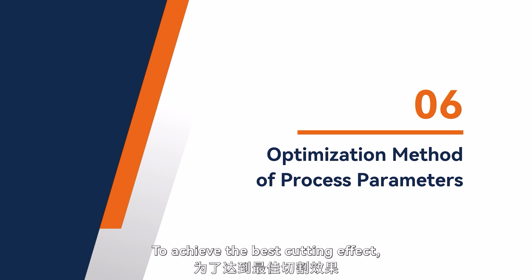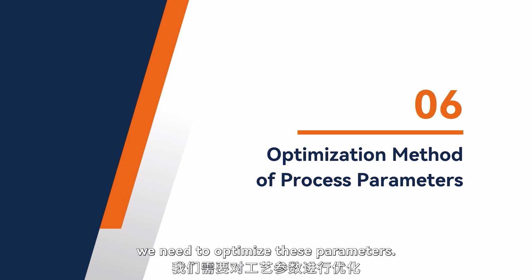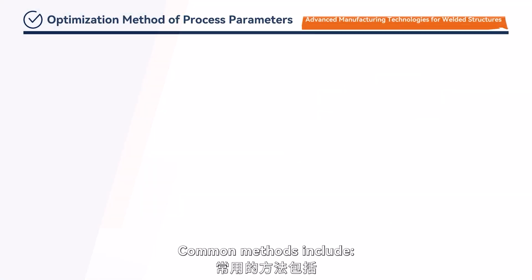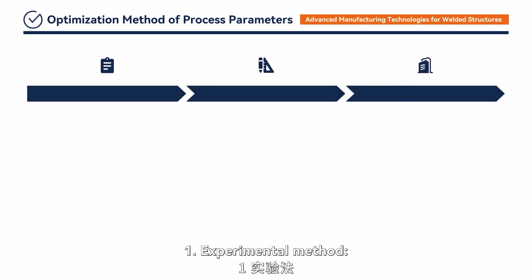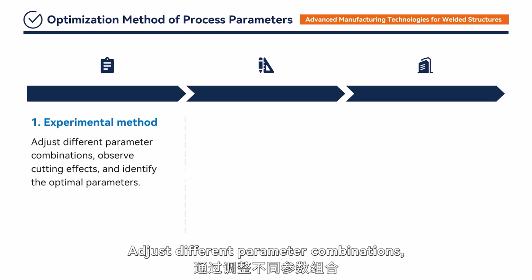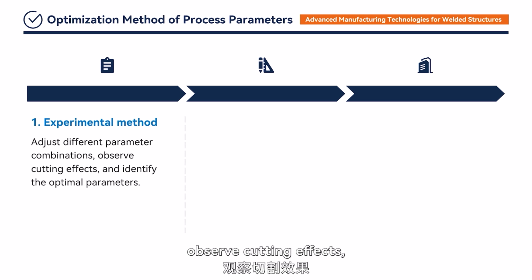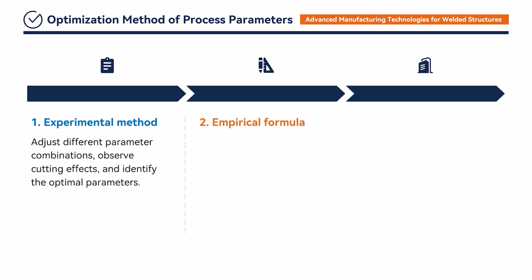To achieve the best cutting effect, we need to optimize these parameters. Common methods include: 1. Experimental method. Adjust different parameter combinations, observe cutting effects, and identify the optimal parameters. 2. Empirical formula.